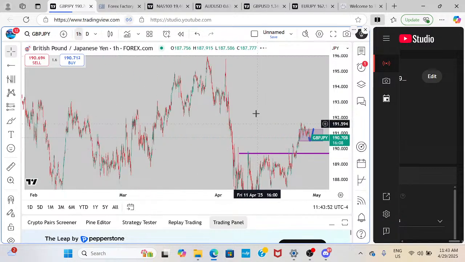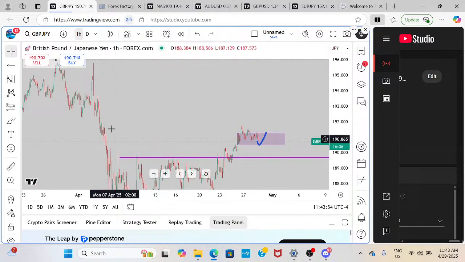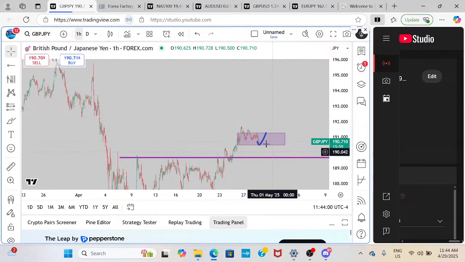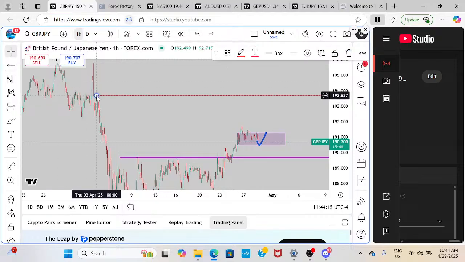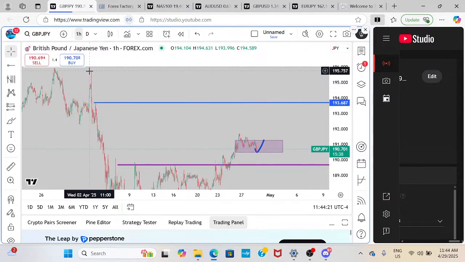It's quite far away. So first, you can target number one, 193. This is the next resistance after the price clears 191.71, which is the current resistance. Once it clears that, the next resistance would be this one right here, and after this one, the next resistance is up here.